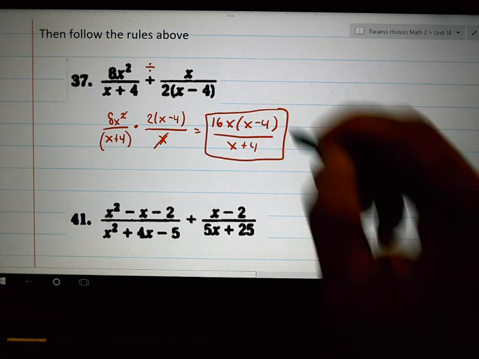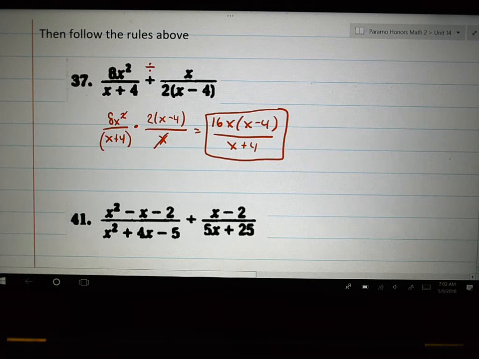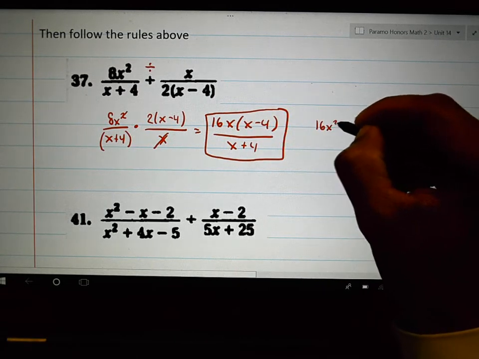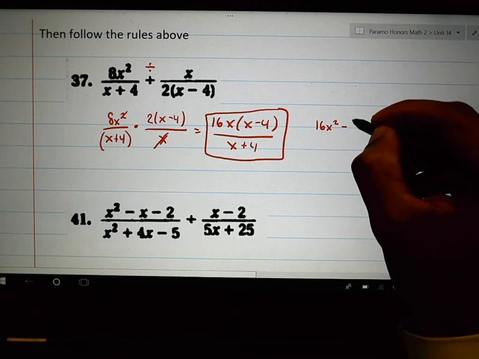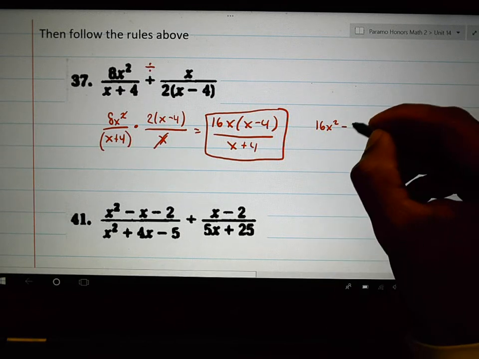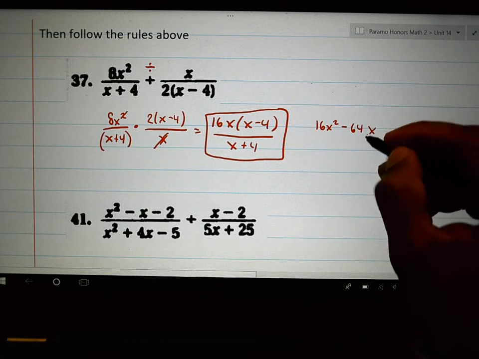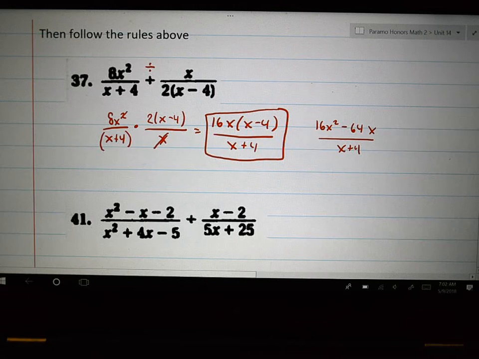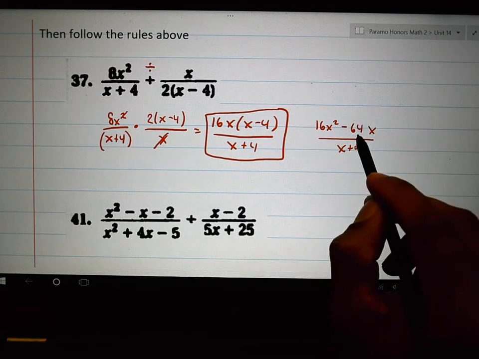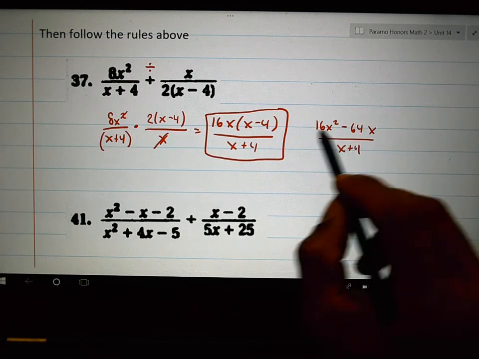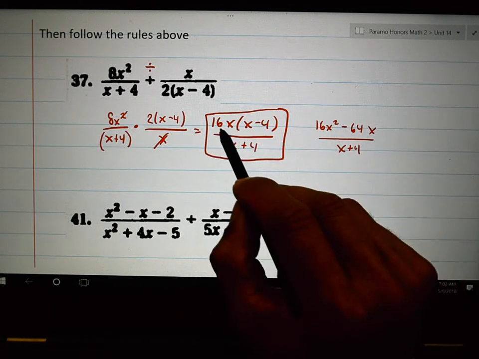I want to show you that if you distributed, four times 16 is 64. It doesn't matter, because then if you're looking to see what could it still reduce now, you would factor it and you would be right back to this.